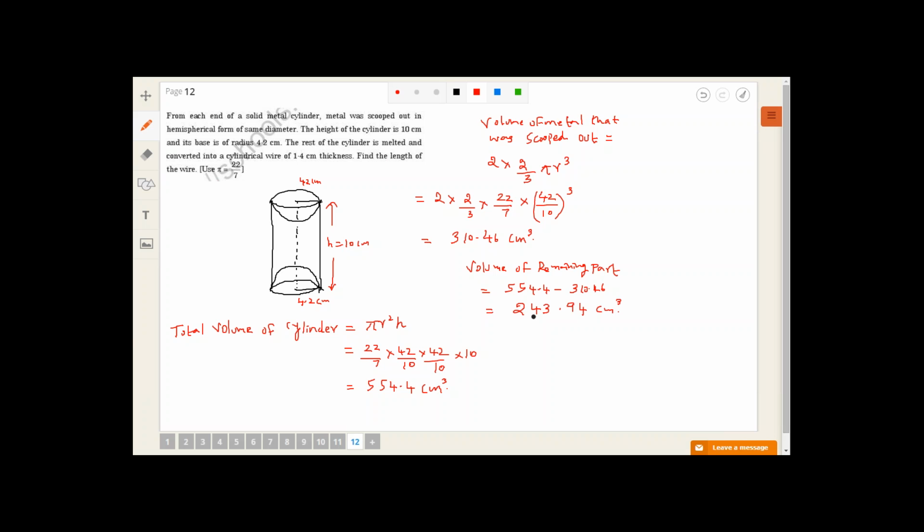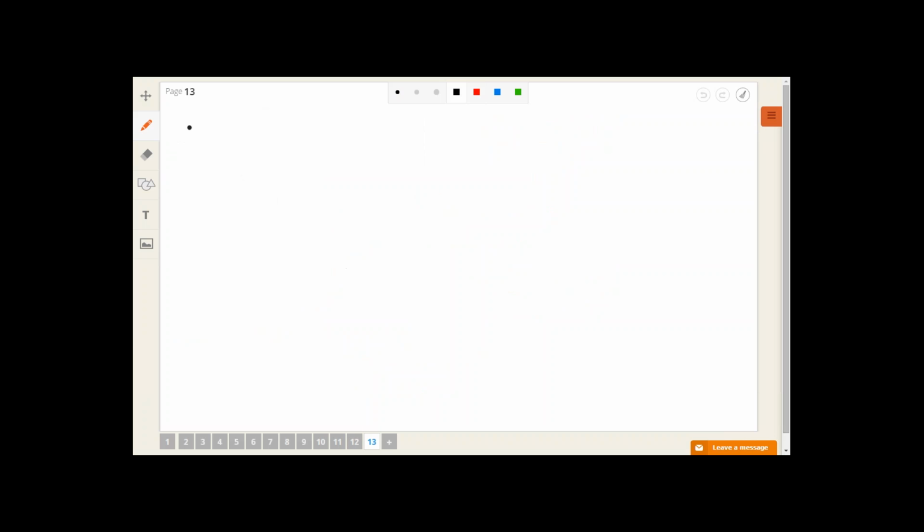Now this volume of the remaining part is nothing but the volume of the cylindrical wire that has been recasted.